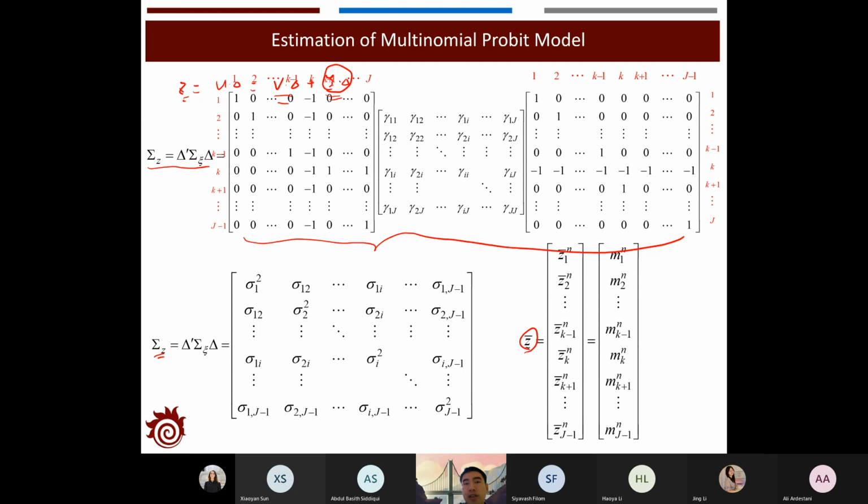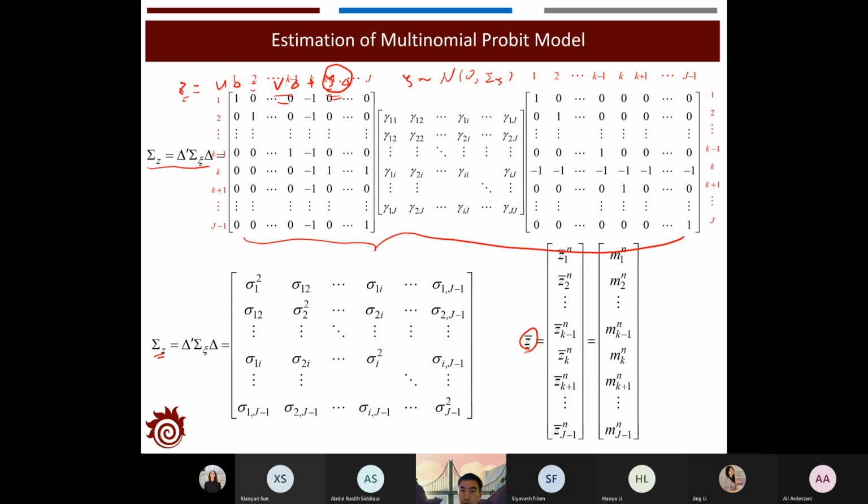As we know that the random term epsilon follows the normal distribution with the mean of 0 and the covariance matrix of sigma Z, and this indicates that epsilon times delta will also have the mean of 0.